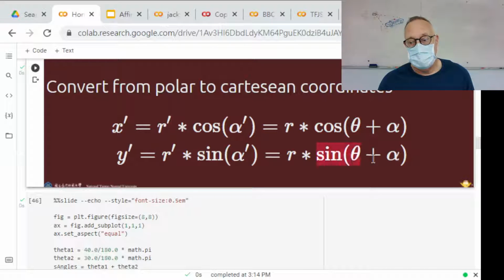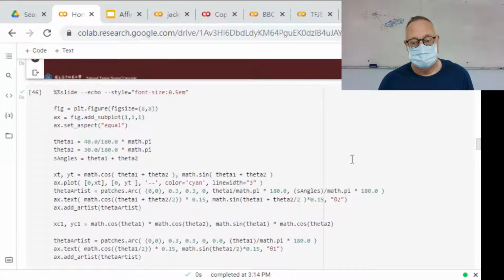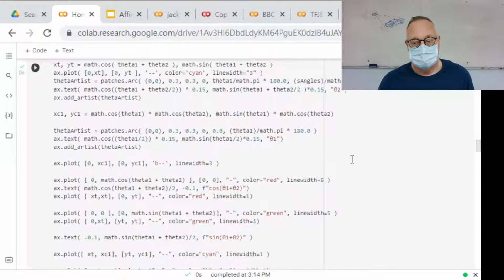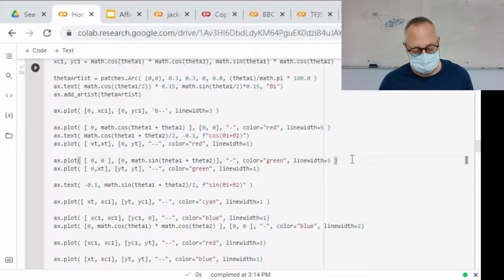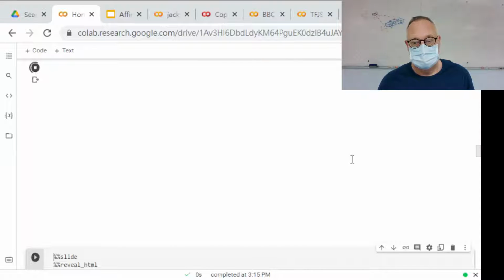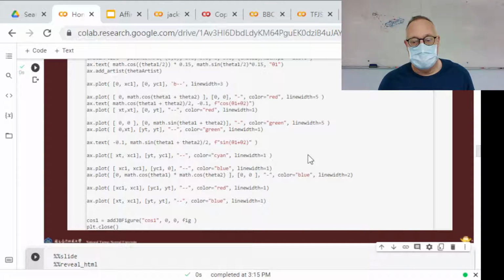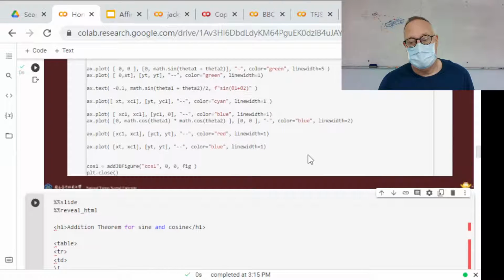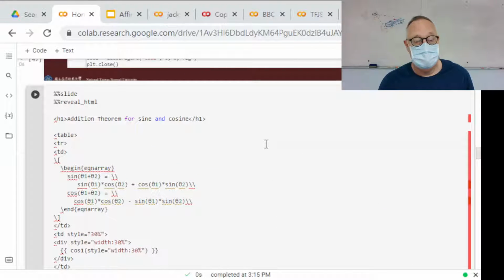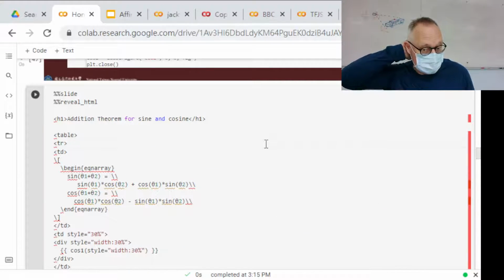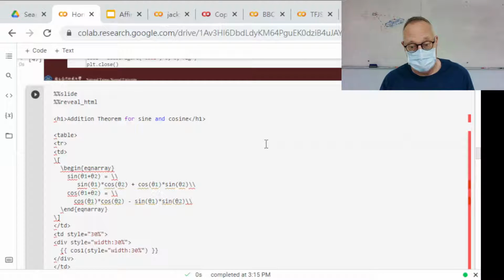And what's the sine of theta plus alpha here? Well, this you can actually figure out using addition theorems for sine and cosine.